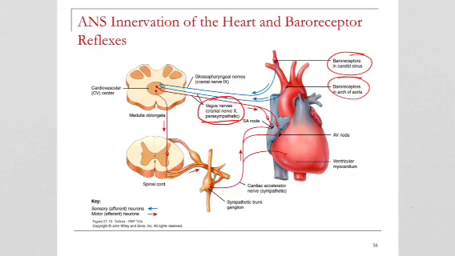And then it goes down to the spinal cord and then to the ganglia. And here we will have sympathetic supply going out, and it goes to the different conducting relay parts of the heart, like SA node, AV node, and the myocardium, and it will adjust the heart rate.